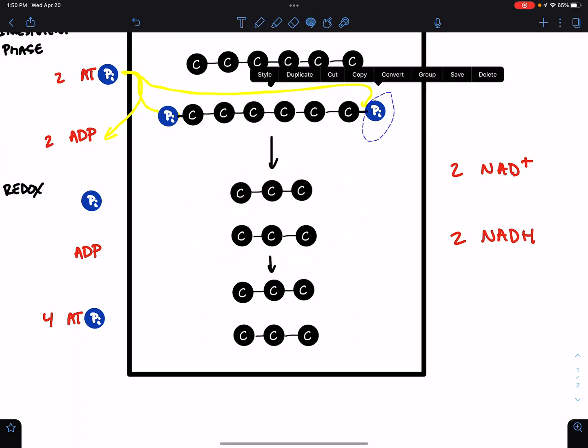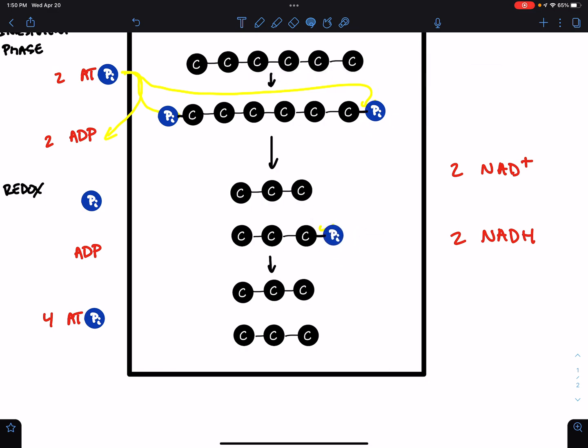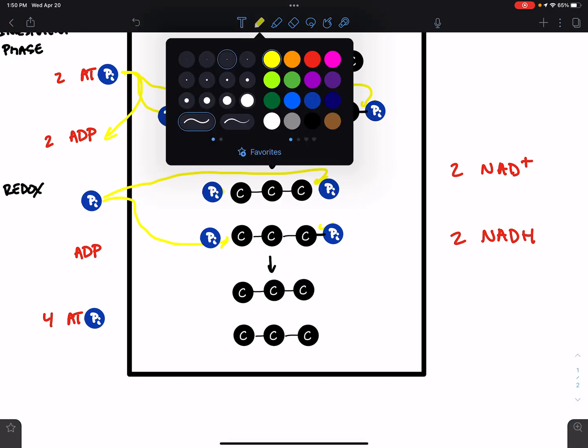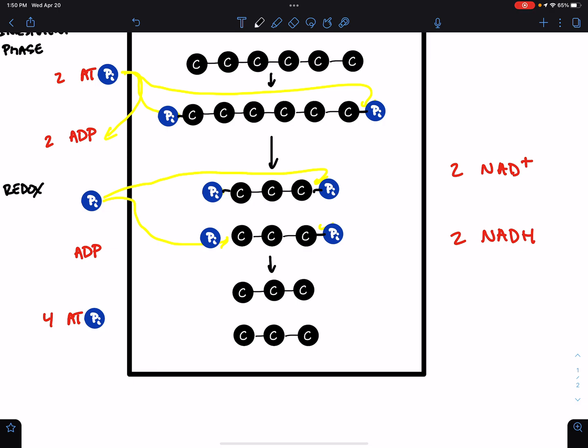There were these phosphate groups that travel along with it here and here, and we actually get 2 more phosphates coming in, charging up either ends of these 3-carbon compounds. So now we have 2 3-carbon compounds that have phosphates on either side.